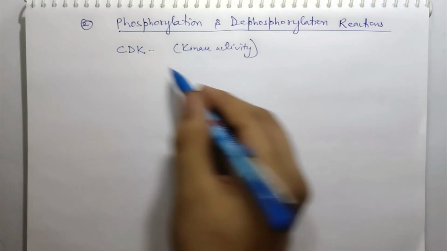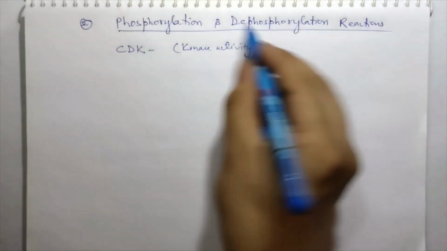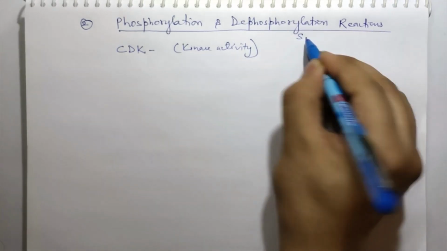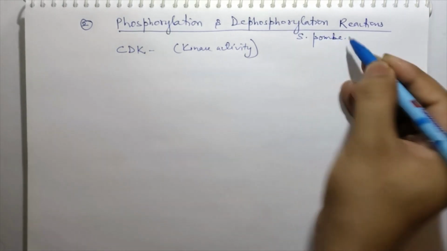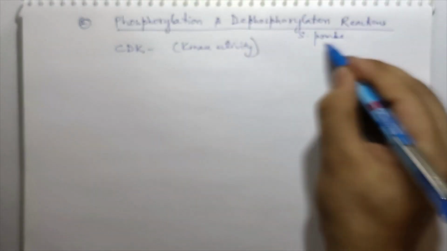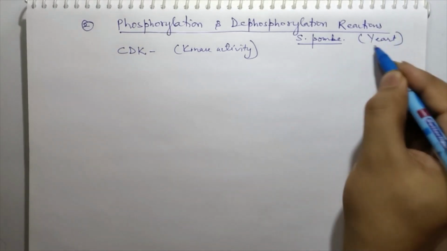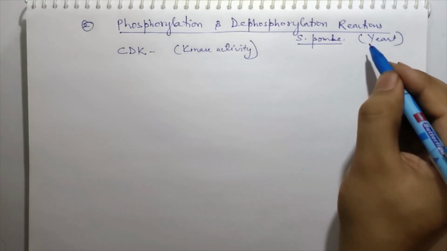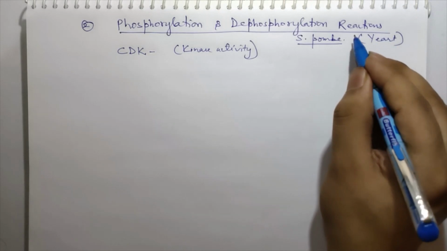And this phosphorylation-dephosphorylation reaction is more relevant to fungi, that is S. Saccharomyces pombe. In the case of this yeast type, a single CDK is responsible for association with different cyclins, and different phases of the cell cycle are carried out.